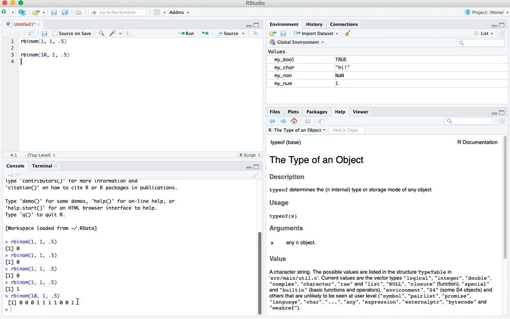This vector is really useful. So there's two ways to do this. The other way to run rbinom is one coin 10 times. We'll get to that in a second. But what's useful about having it be this vector, so 10 coins one time each, is let's say you're doing a drawing and you want to randomly pick a winner.